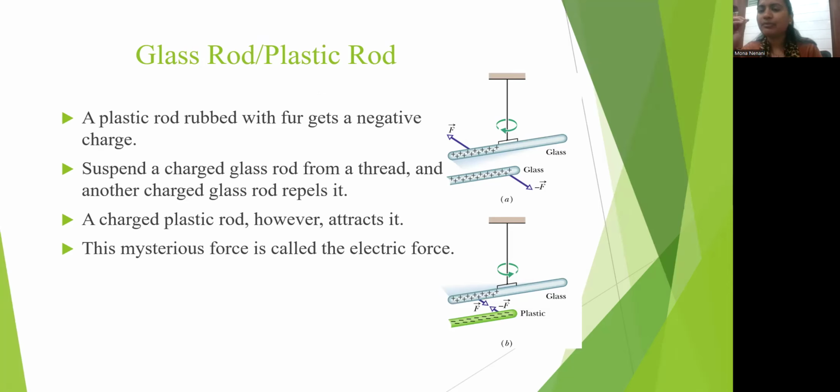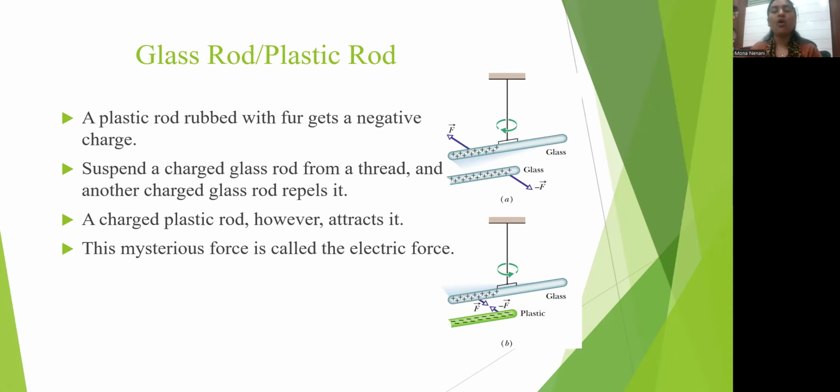The same experiment can be performed with a glass rod and silk cloth. When you rub a glass rod with silk cloth, what will you observe? Some electrons get transferred from the glass rod to the silk cloth. That is why the glass rod becomes positively charged, whereas the silk cloth becomes negatively charged.